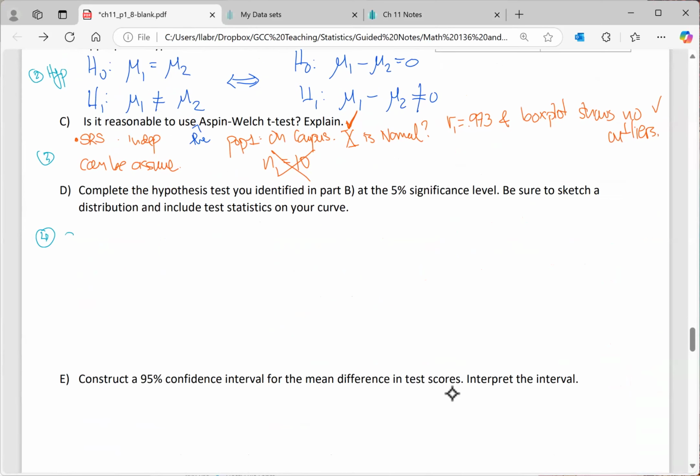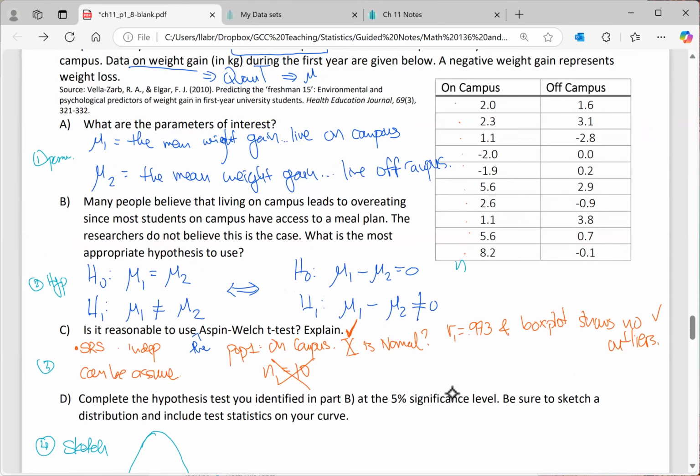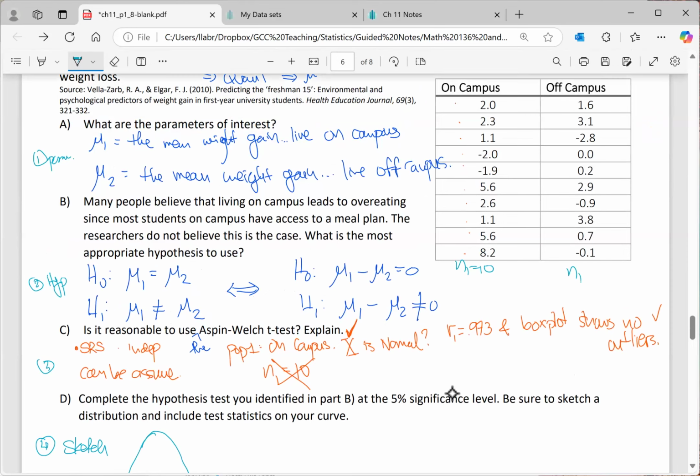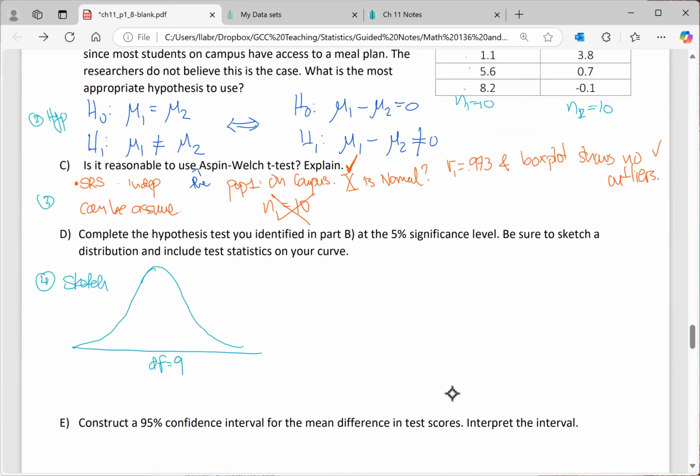So to sketch, remember that this means I'm going to draw a T distribution where the degrees of freedom is the smallest sample size. Lucky for me, the sample size in both cases is 10. So degrees of freedom is just simply going to be 9. I'm doing a not equal to, so that means there's a two-tailed test.